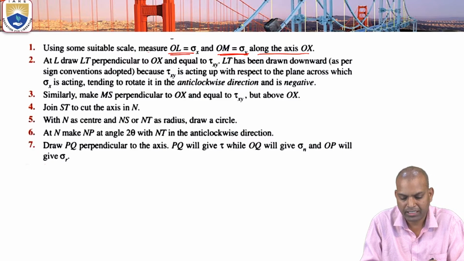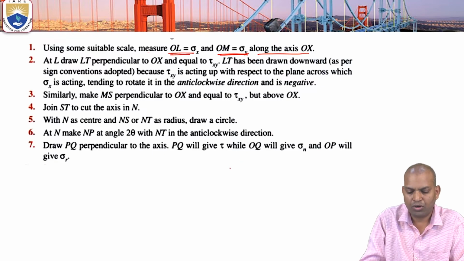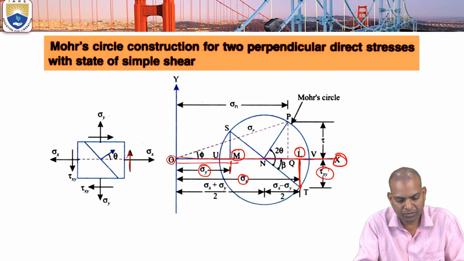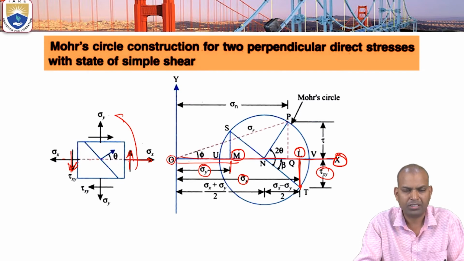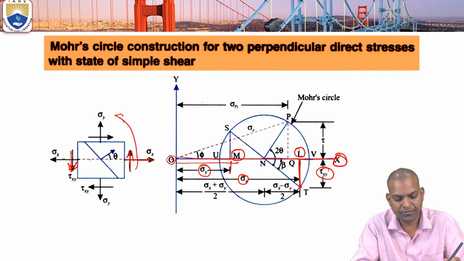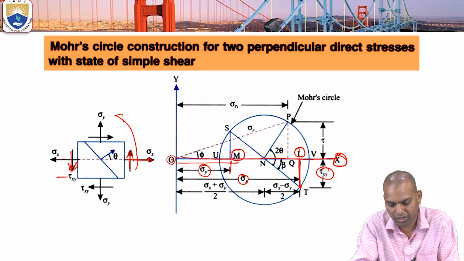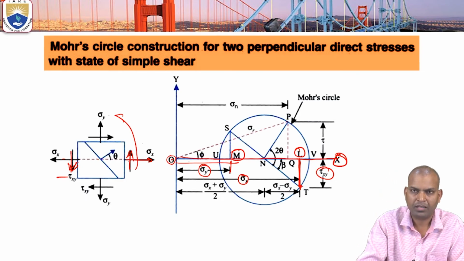Because tau xy, acting on the plane across which sigma x is acting, tends to rotate in the anti-clockwise direction. Anti-clockwise tau xy is negative. That's why we have drawn it downwards.